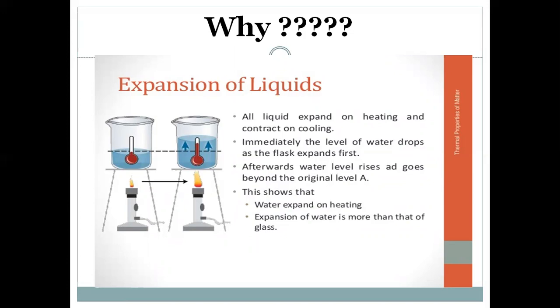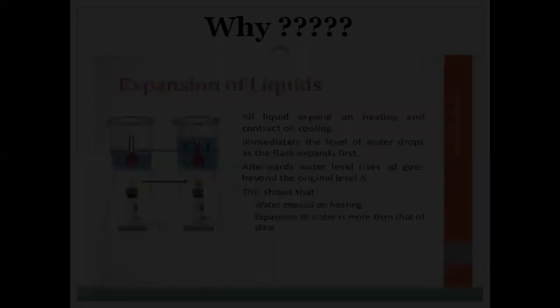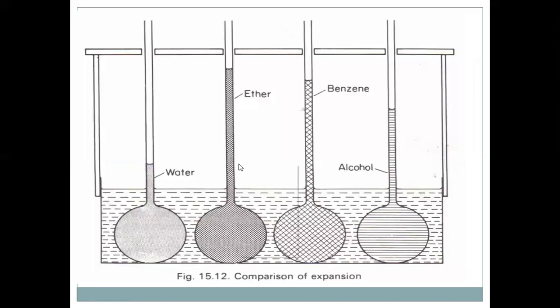But after that, the level of water will start to rise. Why? Because it will start the process of expansion. So as you see, the expansion of the water will be more than the expansion of the glass. But as we said before, the expansion of the glass will be first.